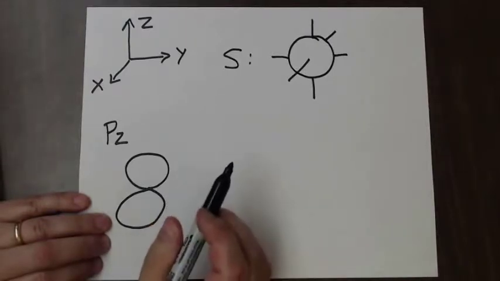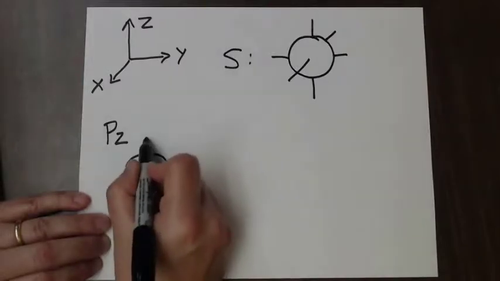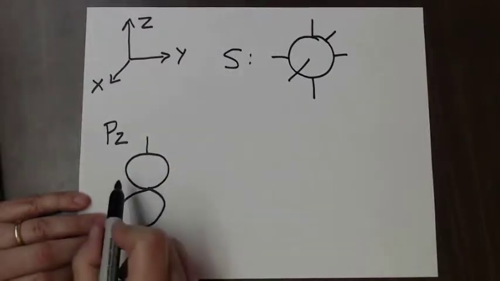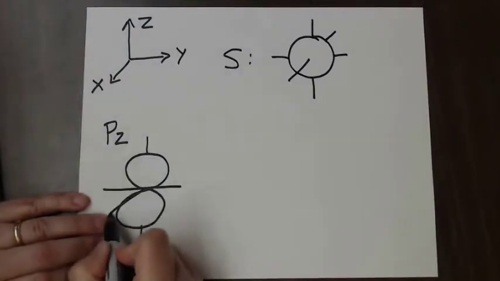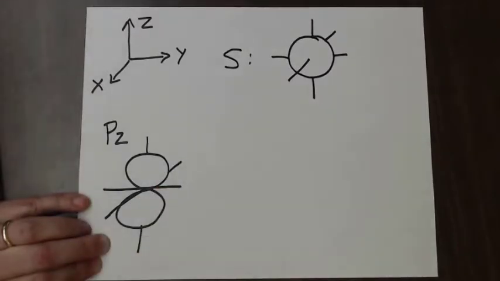Again, we can make it look more three-dimensional if we put in the axes. The z-axis pokes out the top and the bottom. The y-axis is left-right, and the x-axis is front and back. Again, in our drawing, the electron cloud hides part of the axes.